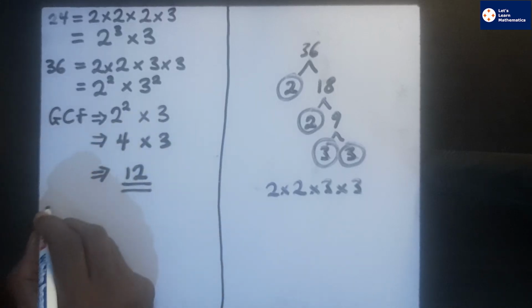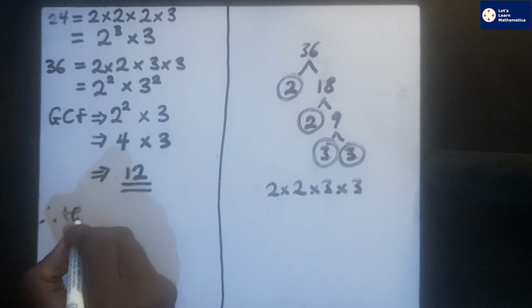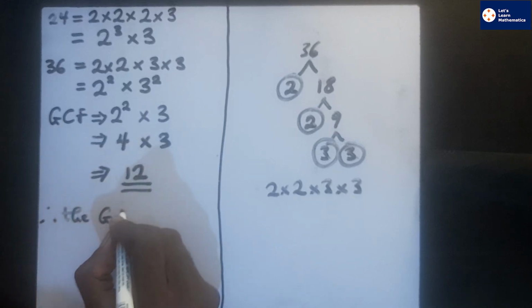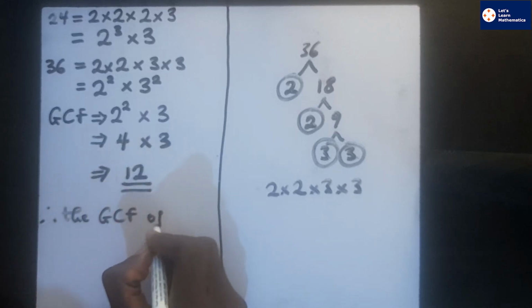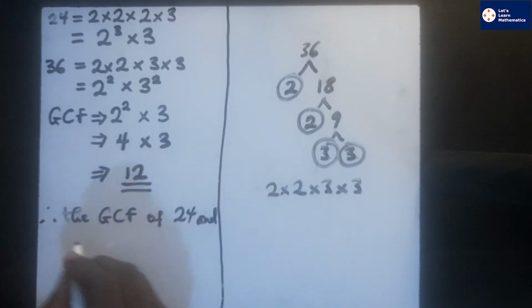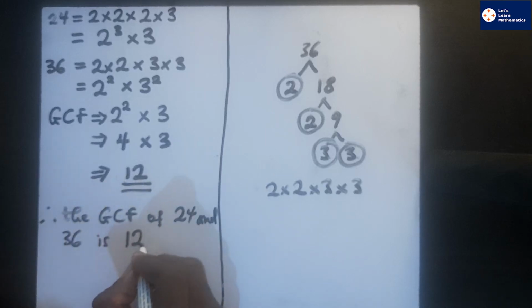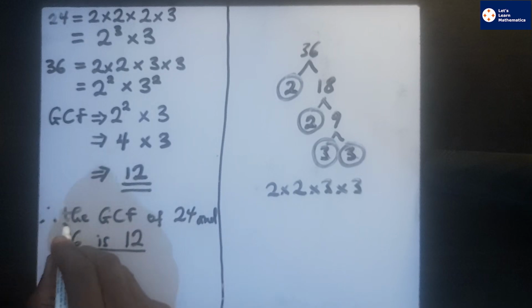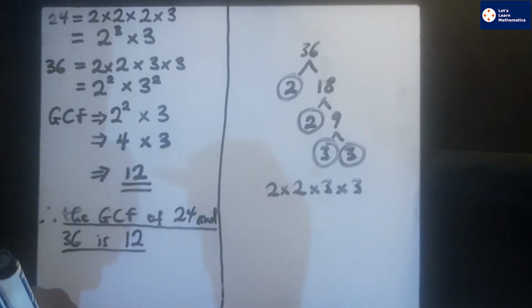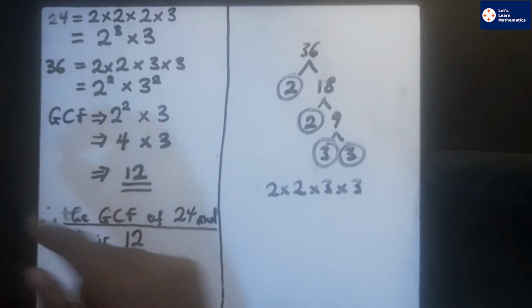So therefore, the GCF of 24 and 36 is 12. It means that 12 is the greatest number that you can use to divide 24 and 36 at the same time.